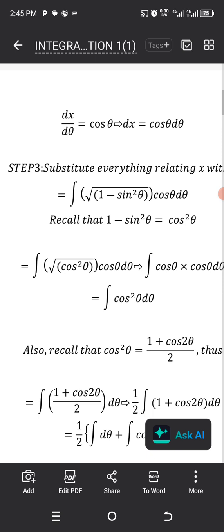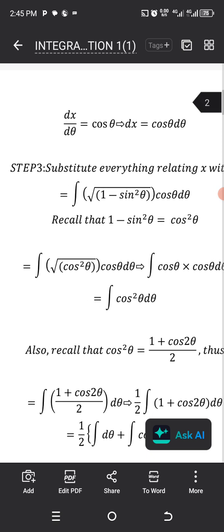How do we derive cos theta d theta? You recall that dx is equal to cos theta d theta, and you were told earlier that you must replace everything relating to x with theta. So everything is changed to theta. Recall that 1 minus sine squared theta equals cos squared theta.